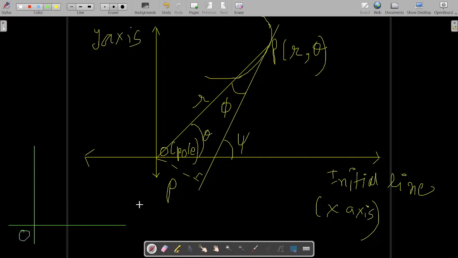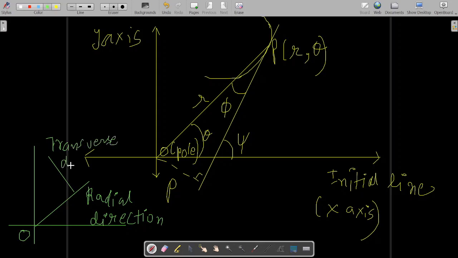This will be your radial direction, and the direction just perpendicular to it is your transverse direction. These two figures you must draw in your notebooks, so that you are comfortable with the upcoming things.